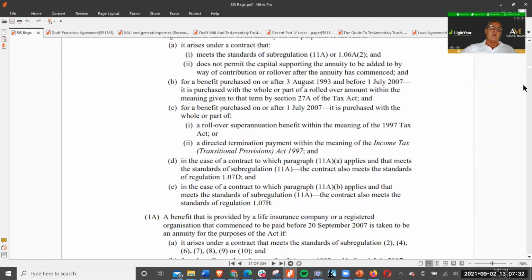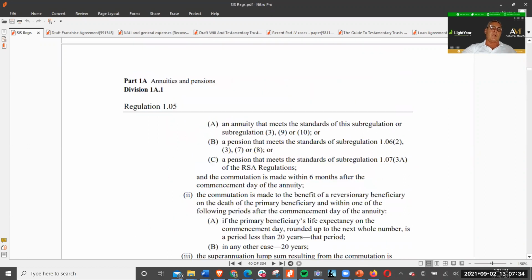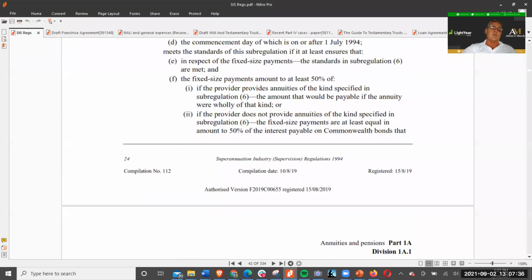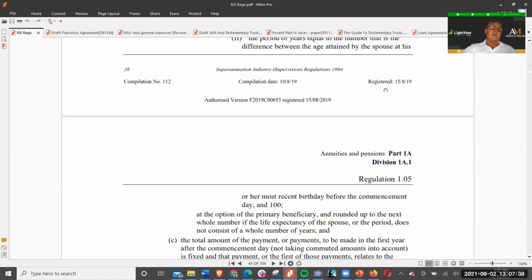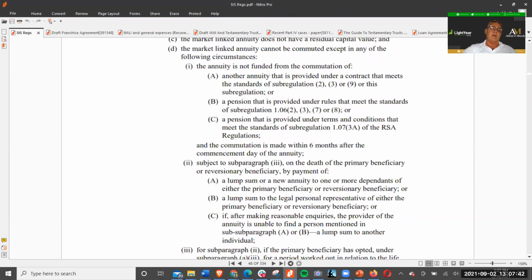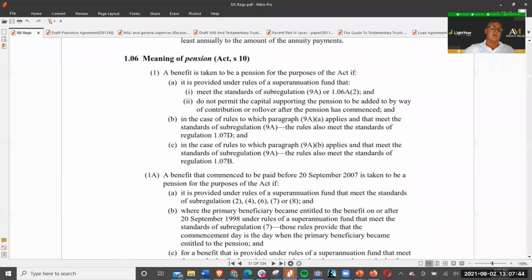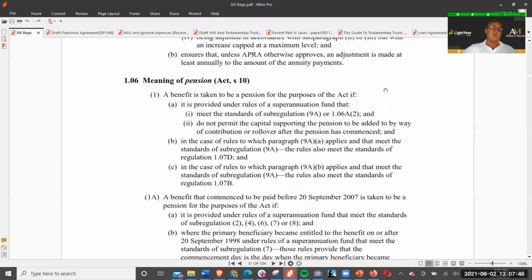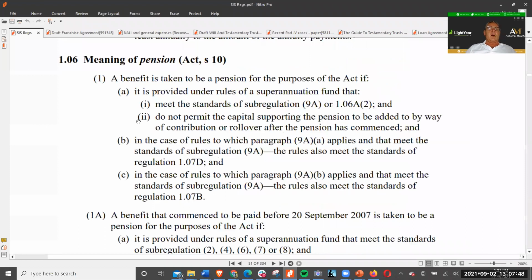So we've talked about annuities. Remember, that's life insurance companies. Then I want to show you there are some really old, what they call legacy pensions, which really should just be booted out as far as I'm concerned. But we've got here 1.06 meaning a pension.